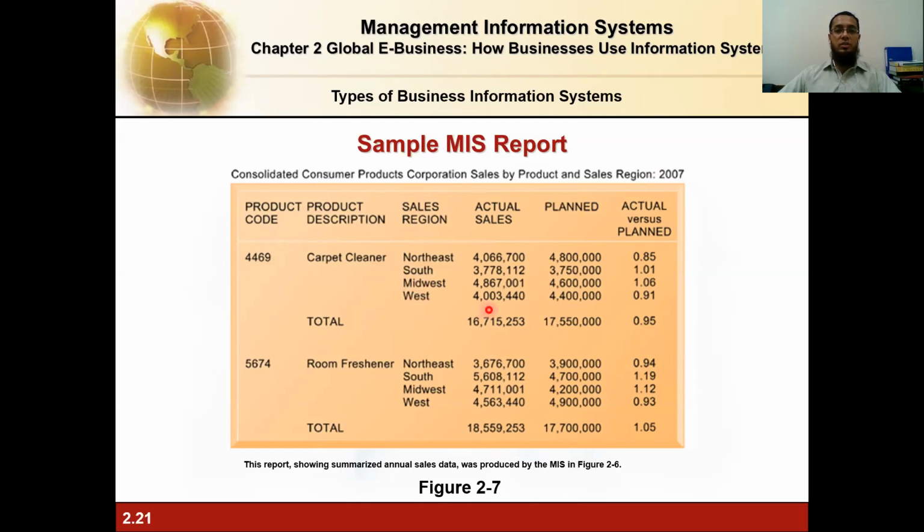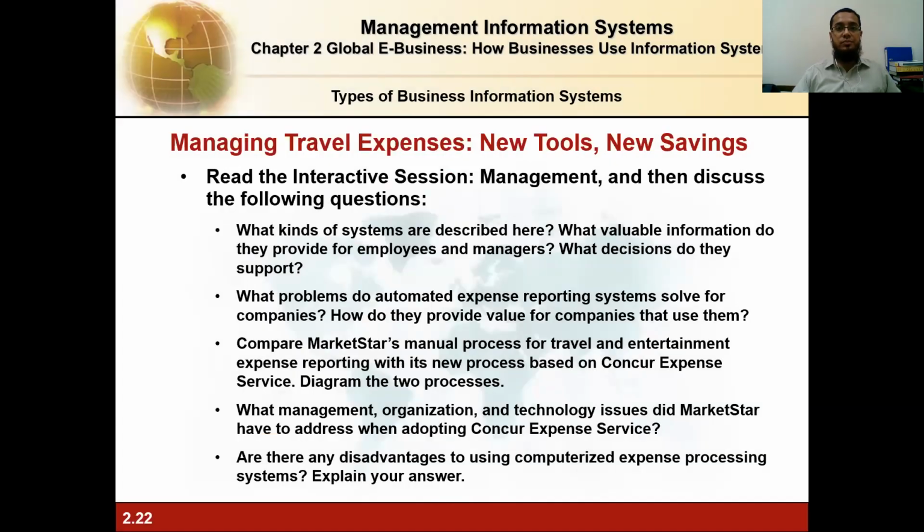Planned sales were 17,000, and this compares actual sales versus planned sales. We achieved basically 95% of planned sales, because every company sets a target each year and manages its sales to complete the targets.